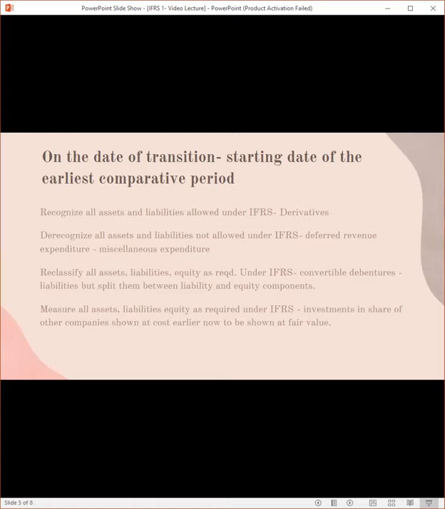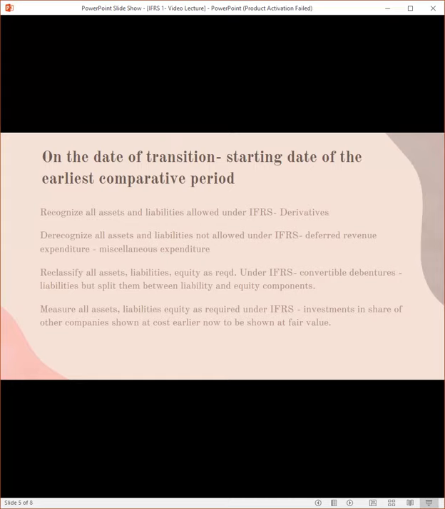The third one, reclassify all assets and liabilities and equity as required under IFRS. For example, IFRS says that convertible debentures need to be split into liability portion and equity portion. So there are supposed to be two components and two components need to be shown separately.